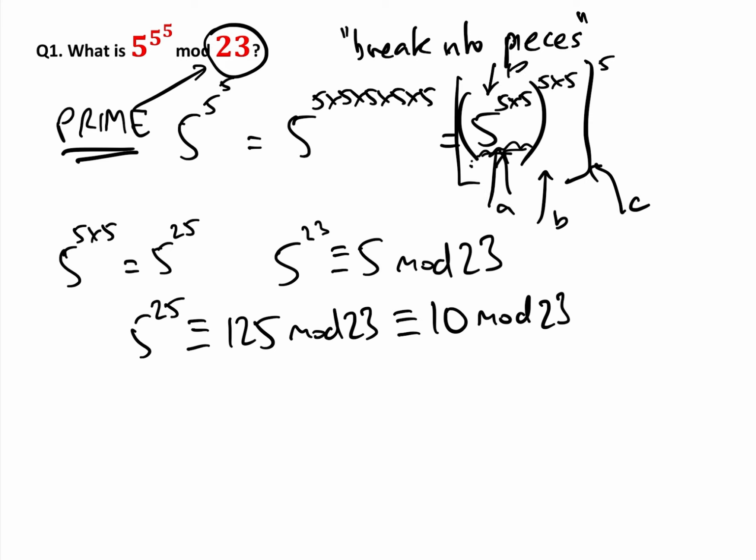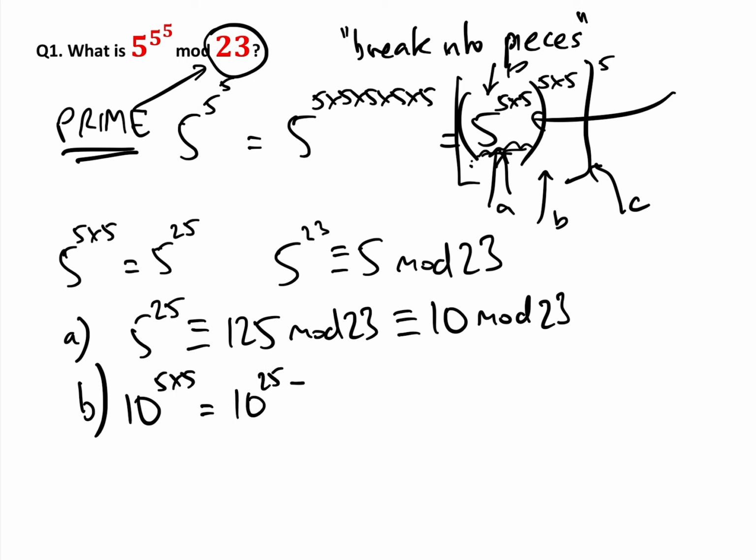So we put 10 into here, that's the A bit. For B, we put 10 to the power of 5 times 5, which is clearly 10 to the power of 25. Now that equals 10 to the 23 times 10 times 10, and for the same reason, 10 to the power of 23 is the same as 10 mod 23 by Fermat's little theorem.